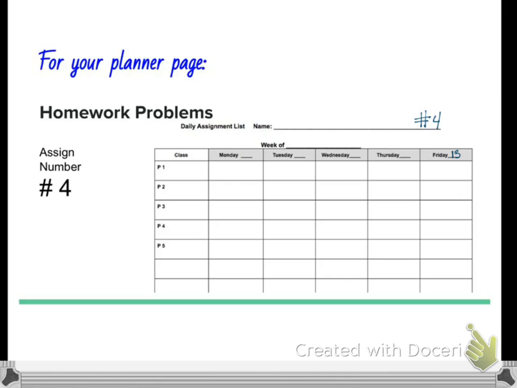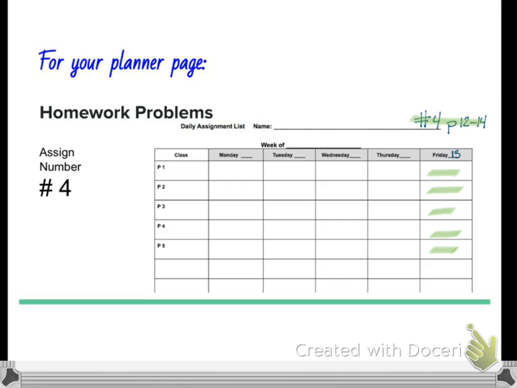Assignment number 4 is going to be pages 12 through 14. This set of information needs to go in your correct class period. If you did your homework for last night, go ahead and cross off the fact that you did assignment number 3.